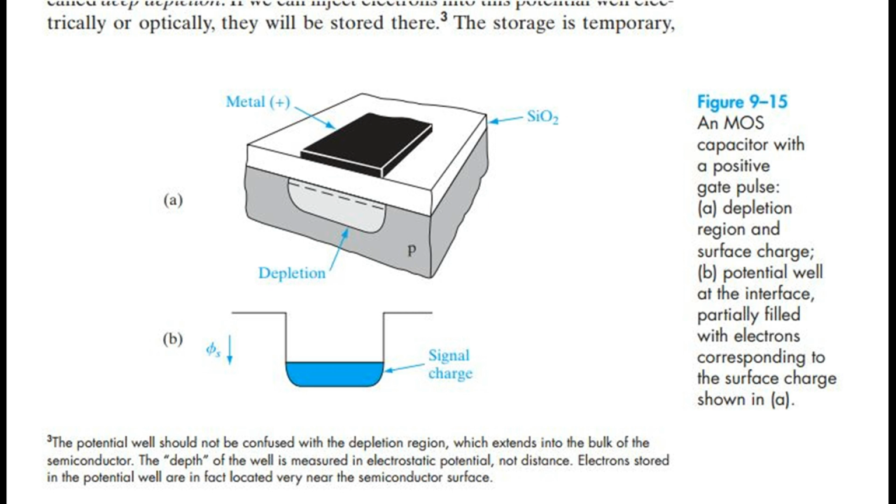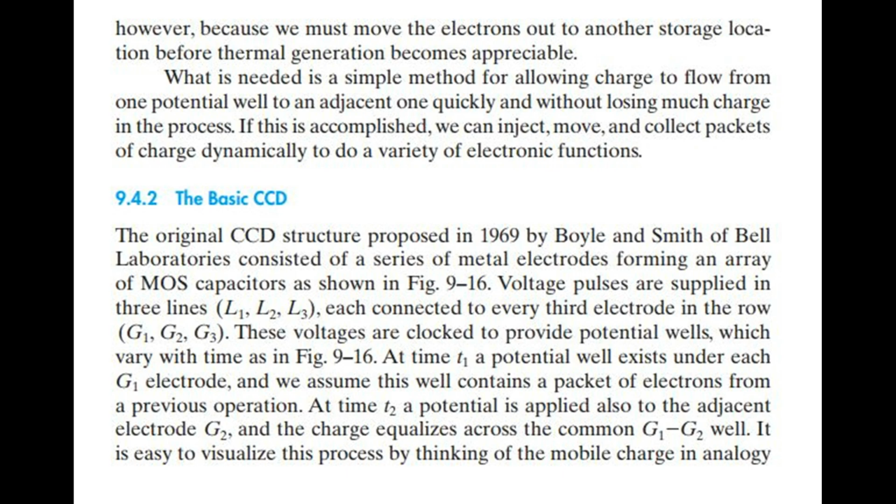If we can inject electrons into this potential well electrically or optically, they will be stored there. The storage is temporary, however, because we must move the electrons out to another storage location before thermal generation becomes appreciable.